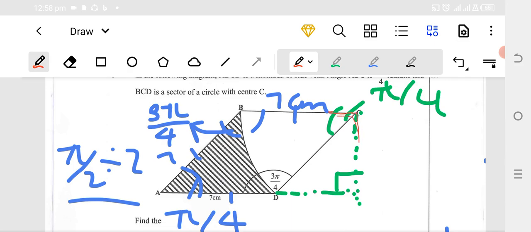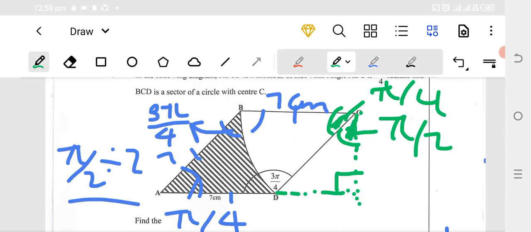If you look properly here, there's a 90 degrees also here. So pi over 4 is 45 degrees. 90 degrees is pi over 2. Yes, pi over 2. So you need to write pi over 4 also here, such that when you add the angle that you have found here and here, they should give you this here.